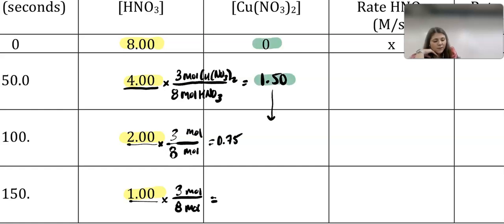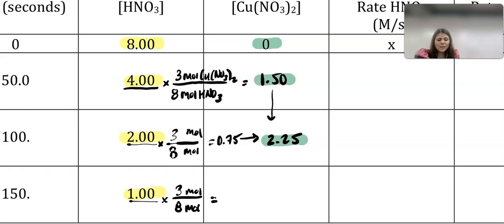So I'm going to take this value and add them together. Now my concentration is 2.25. And that makes sense because it wouldn't make sense that we now have our concentration at 0.75. That doesn't make sense.